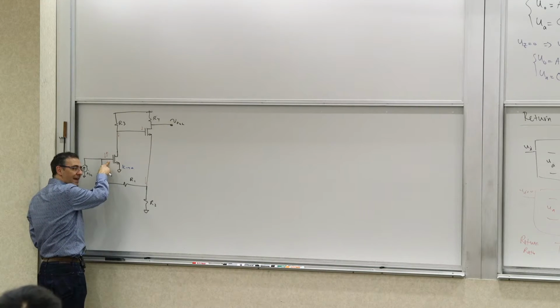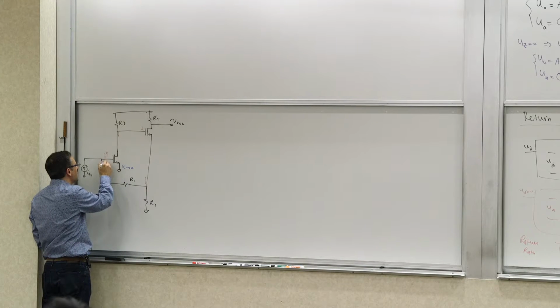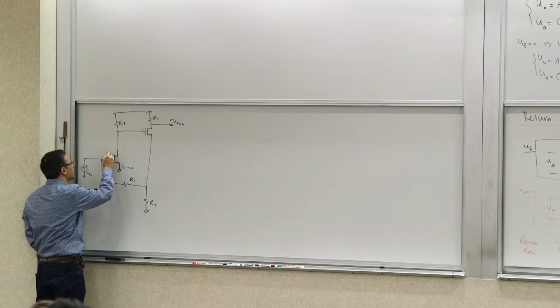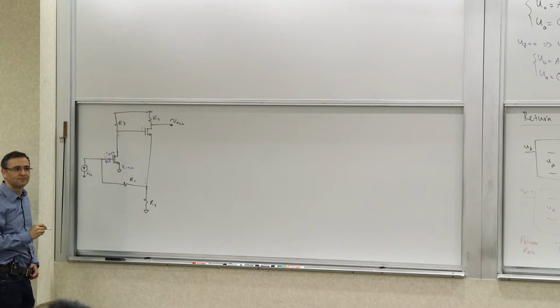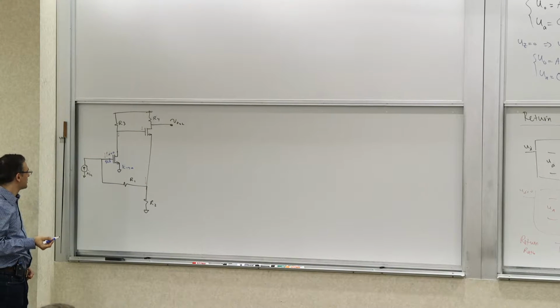It means that the input, the VGS or V pi of this thing should be 0, right, to get a finite output. So if this voltage is 0, so this voltage from small signal perspective is 0, obviously this current will be 0 too. Has to be, right? Because the voltage is 0.